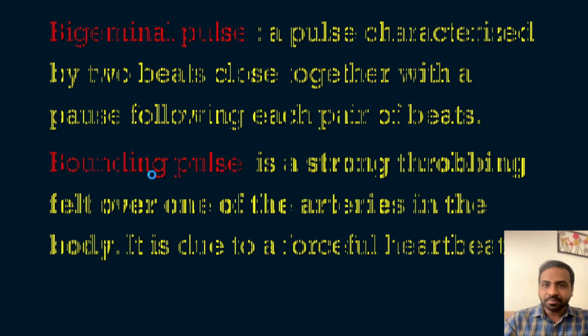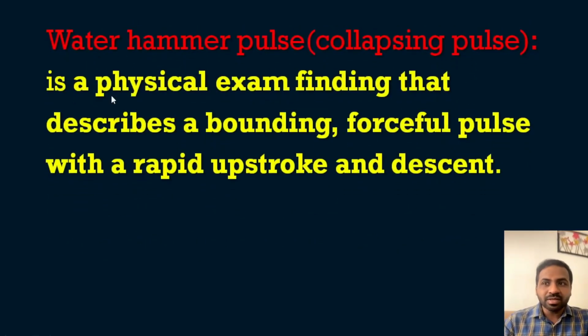Now we will see another pulse, known as the water hammer pulse, otherwise known as the collapsing pulse. It is a physical exam finding that describes a bounding type of pulse, a forceful pulse with a rapid upstroke and rapid descent, like a collapse.